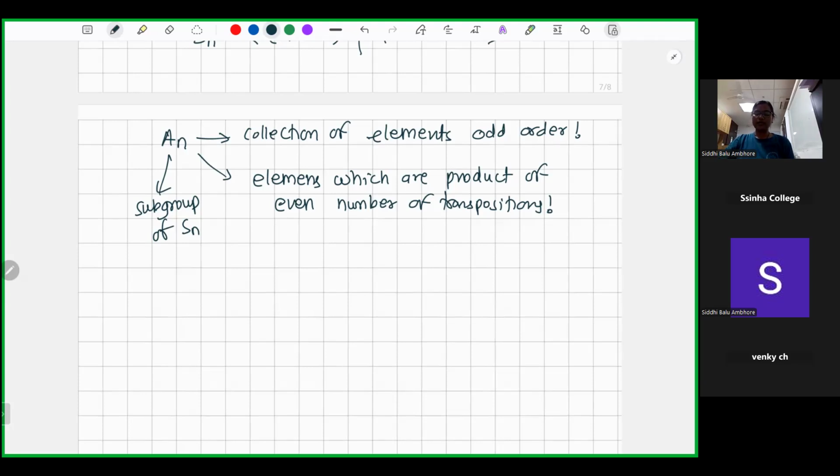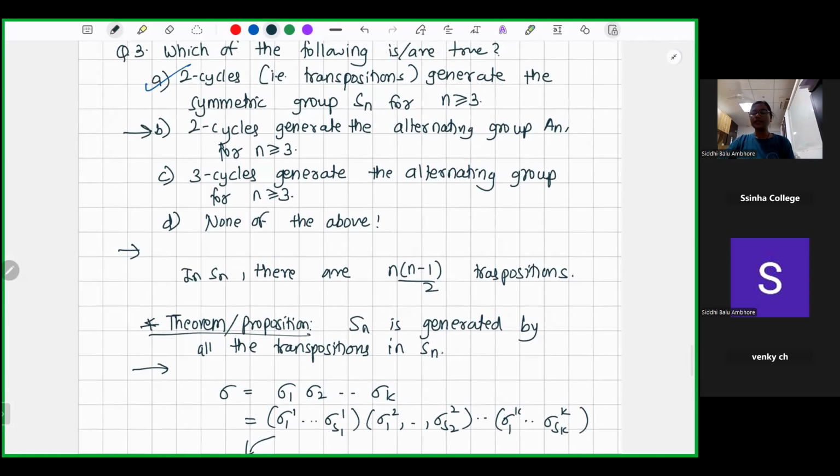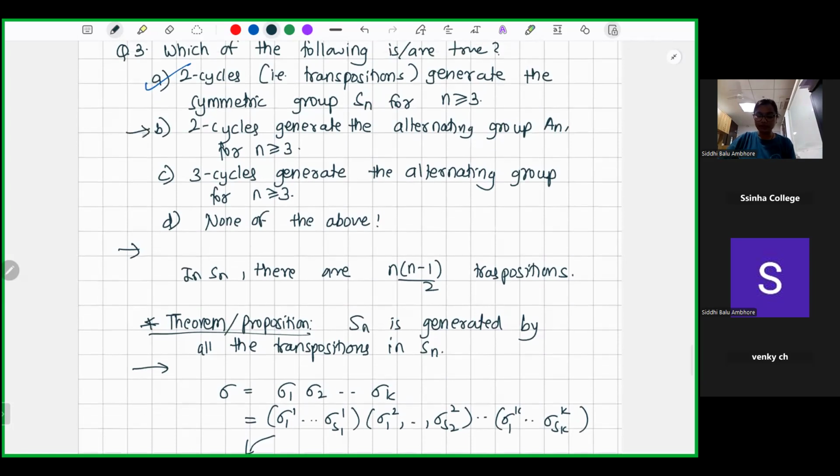Okay, so they are saying that 2 cycles generate the alternating group An for n greater than or equal to 3. Is this possible? And if yes, how? And if not, then why?